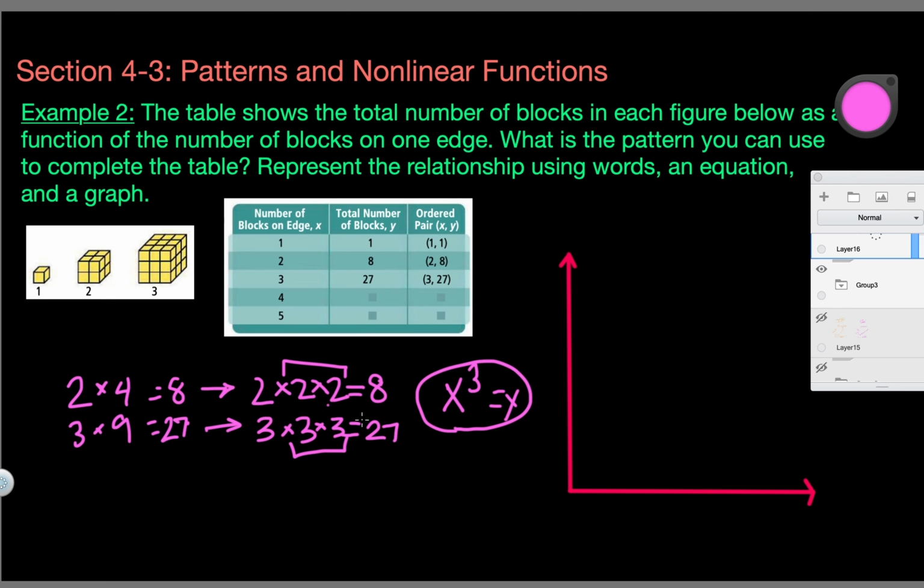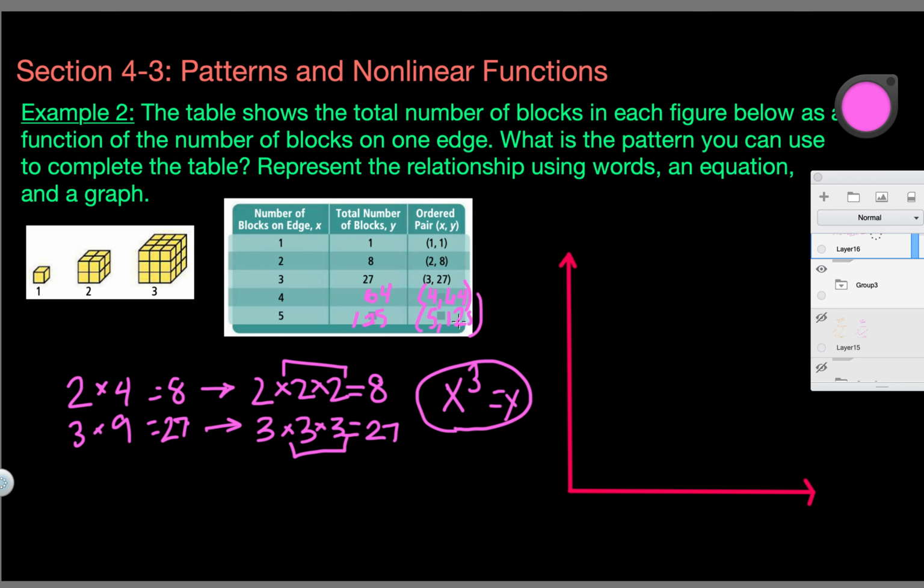So if we plug in 4 to the 3rd power, that's 4 times 4 times 4, and we end up with 64. So our coordinate point is 4, 64. Now if we do the same thing down here, we do 5 to the 3rd power, we're going to get 125. So that coordinate point is 5, 125.